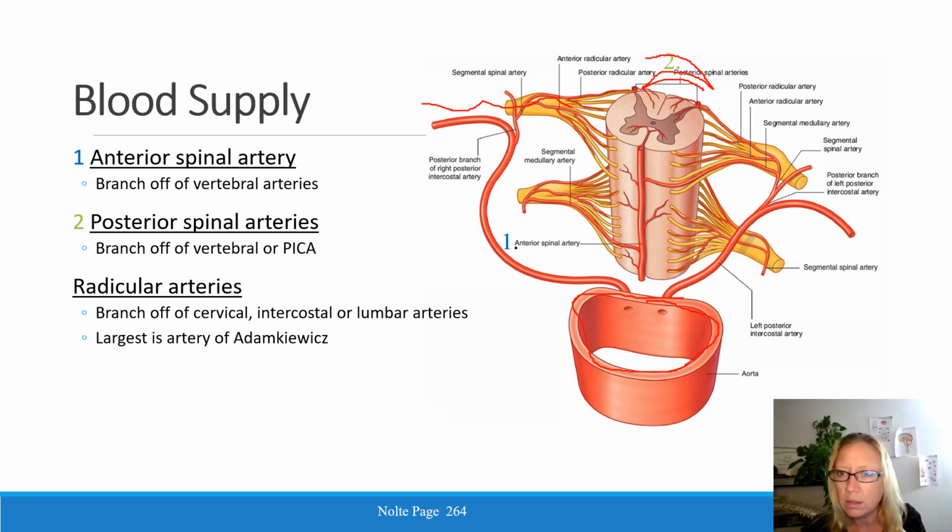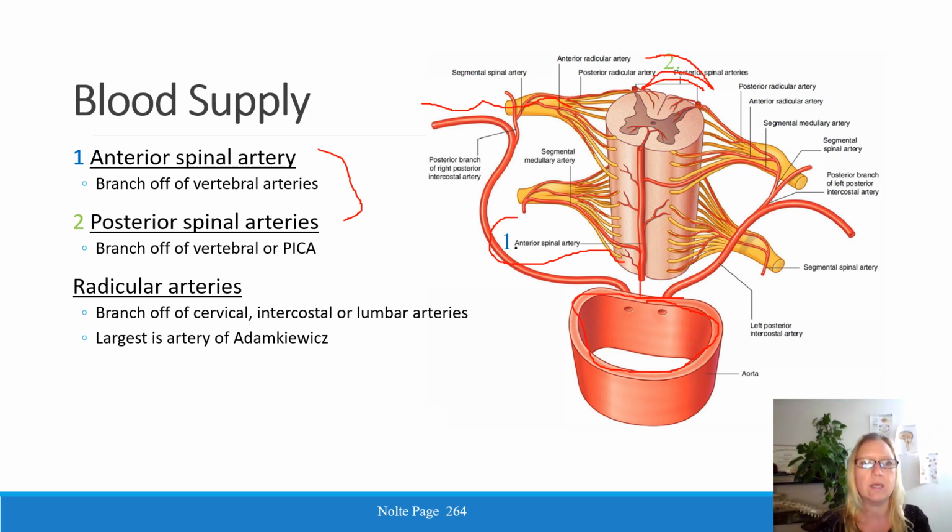Right here, let's take a look. Okay, great. So anterior spinal artery, branch off of those vertebral arteries. So anterior, coming off of that vertebral. We saw that.